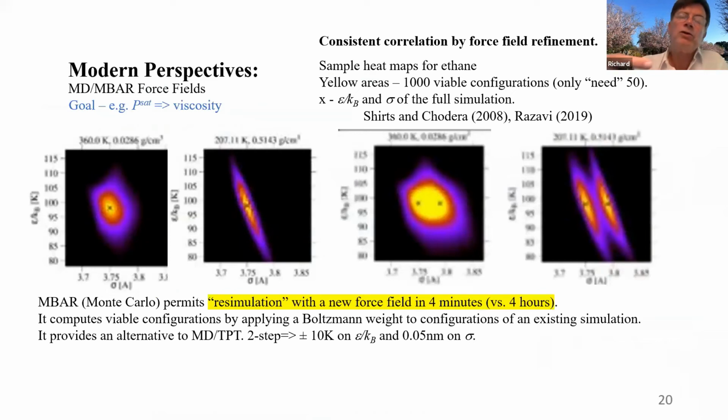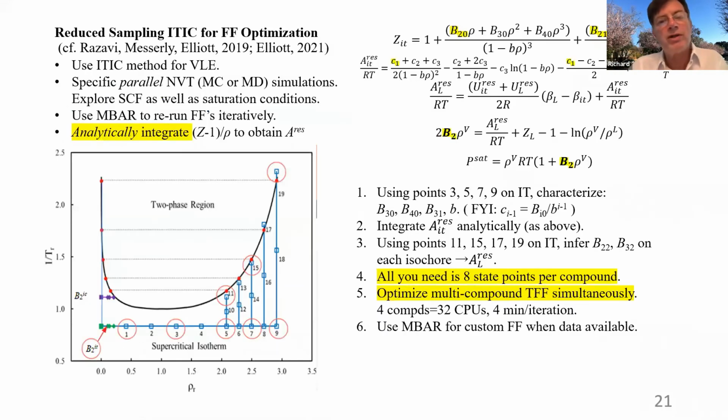Coming back to the importance of the separability of the second virial coefficient. I've shown you this slide before. If we want to optimize our force fields and get predictions of transport properties too, then we can use the EMB method to expedite the simulations, and the resimulation just takes 4 minutes instead of 4 hours for the original simulation.